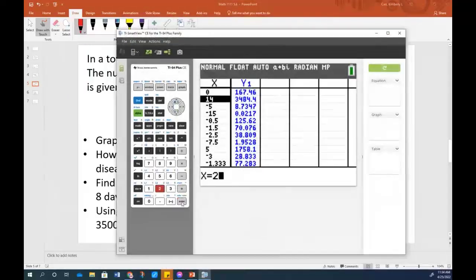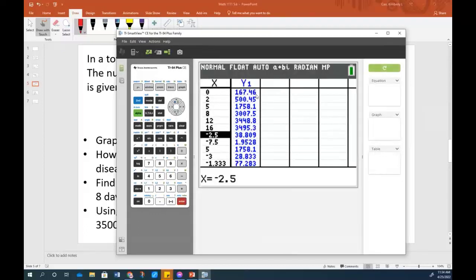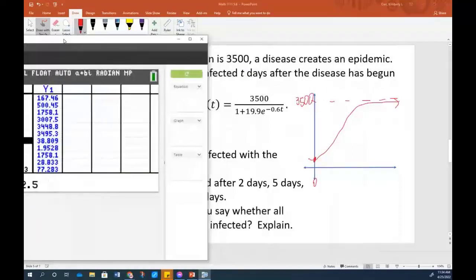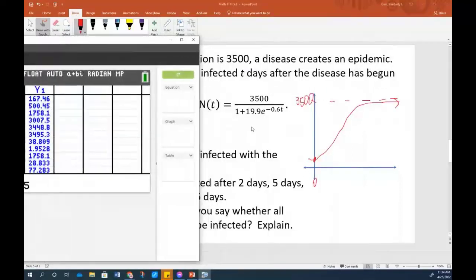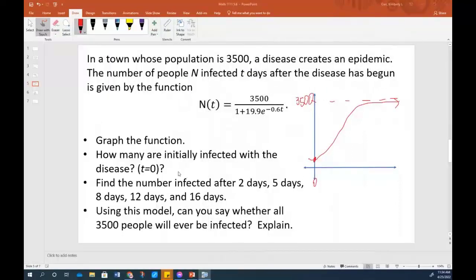So I'm just going to get all those up there. 2, 5, 8, 12, and 16 days. So here I'm seeing this number of people. And let me just move that so that maybe I could write it down. At 0, it said approximately 167.